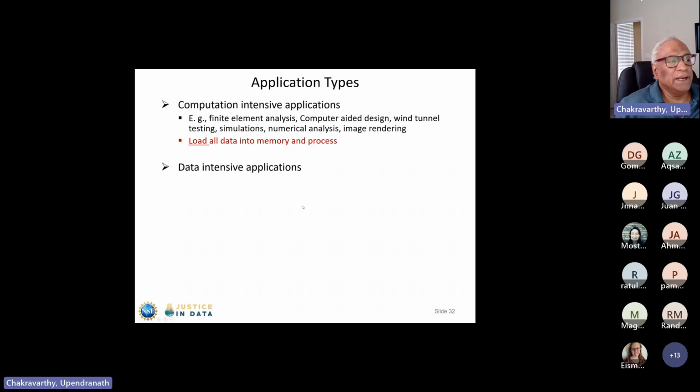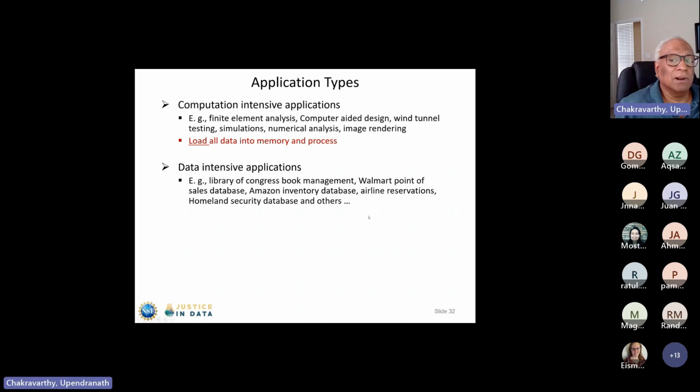Then we have the data intensive applications, which have lots and lots of data, and you have to deal with that data. Today, if you think of Amazon, airline reservations, data of Homeland Security, USGS, they're all data intensive applications.